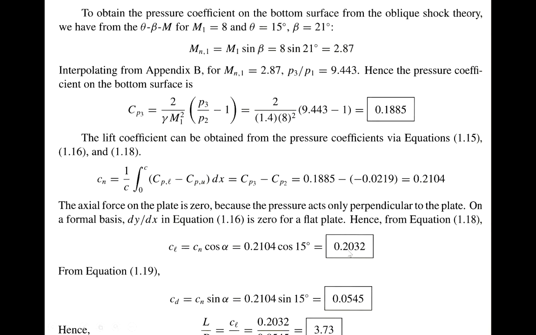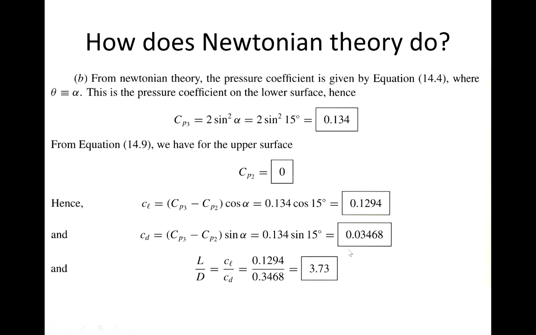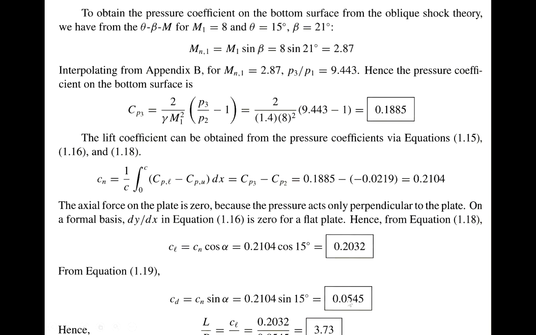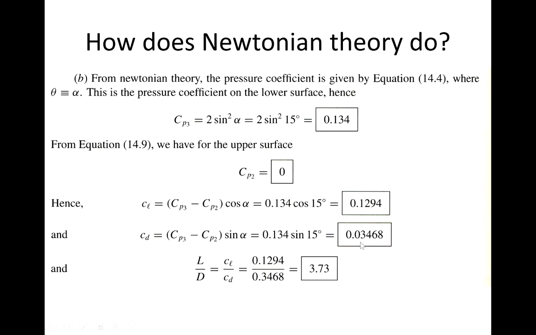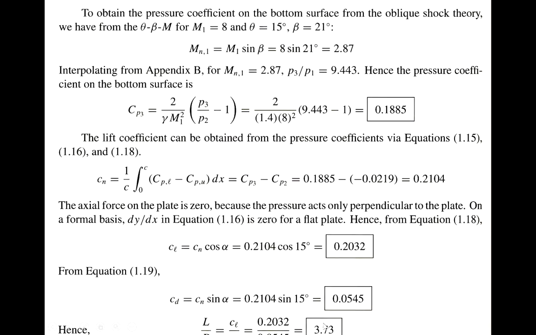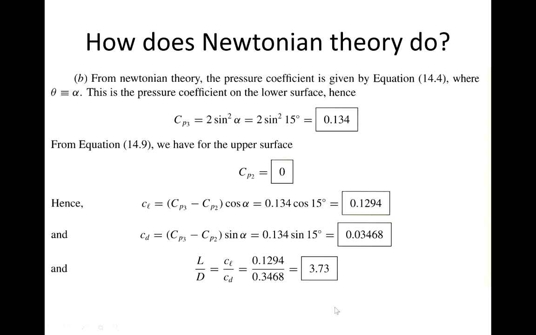Here Cl is 0.20 from the exact theory. Here it is 0.1293, 50% off. Cd is 0.05, and here Cd is 0.034, again 50% off. Both of them are 50% off. Therefore, the L over D from Newtonian theory is close to L over D from the shock expansion theory.